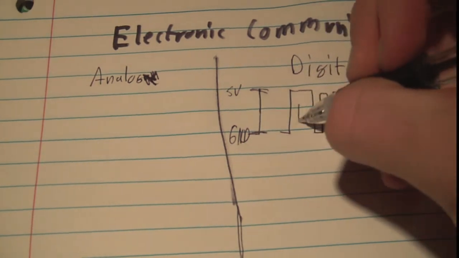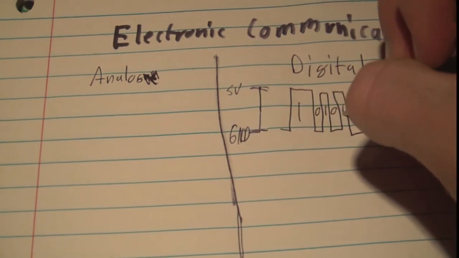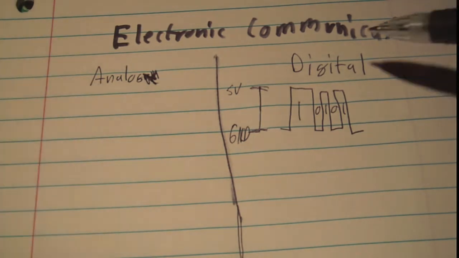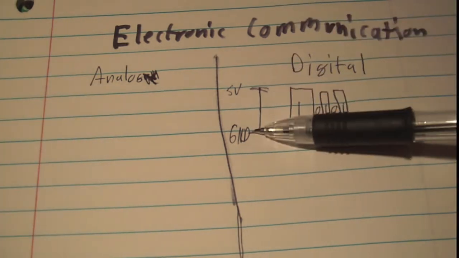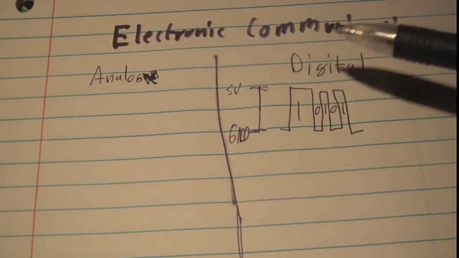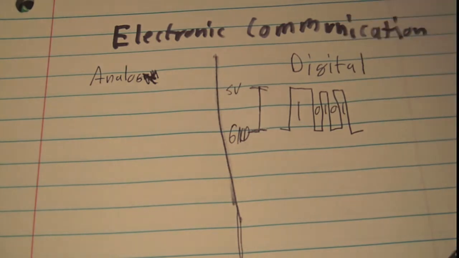And usually people say this is a 1 and this is a 0. So that's what digital means. They're set signal levels. The signal really can't be between these levels except when it's transitioning. So the signal really can only be at these two levels.